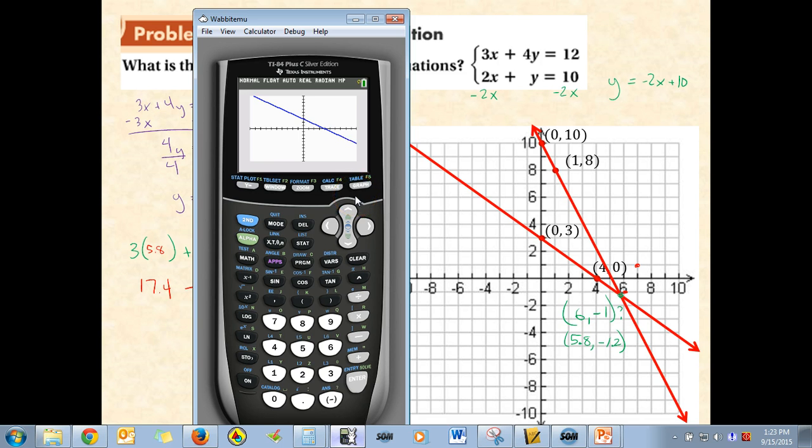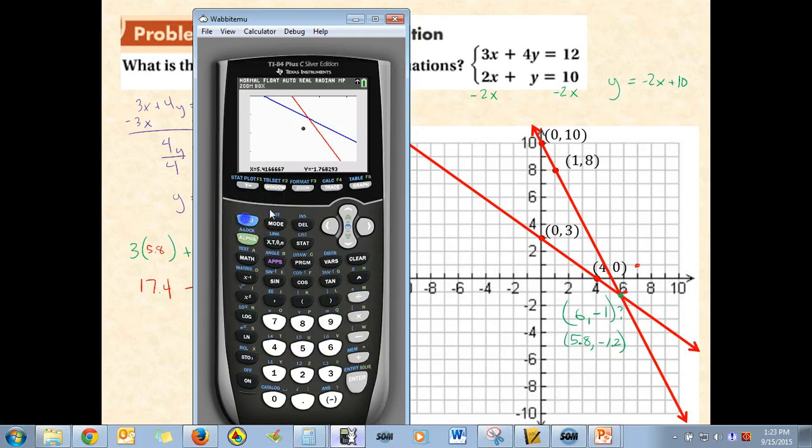Let's take a look at our graph. Maybe we could even zoom in on it. Let's zoom in on our graph. What is this going to do for us? Enter. Looking at my graph.